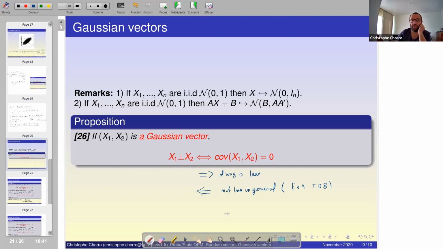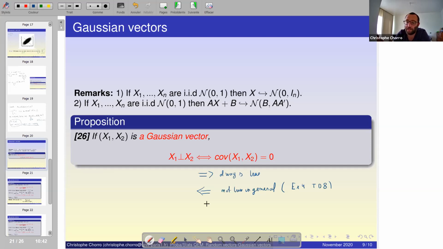So we are going to do this proposition here. It tells me that in the case of Gaussian vectors, if I have (X1, X2) a Gaussian vector and the covariance is 0, then I have independence. So Gaussian vectors are random vectors that have a nice property in terms of independence with respect to covariance equal to 0.